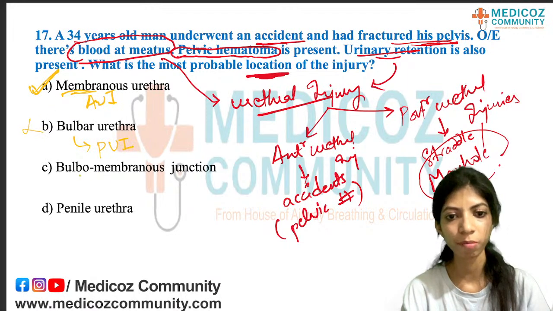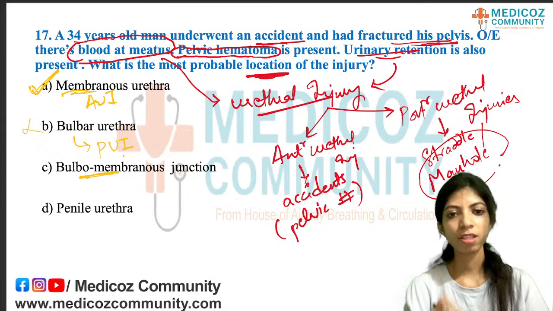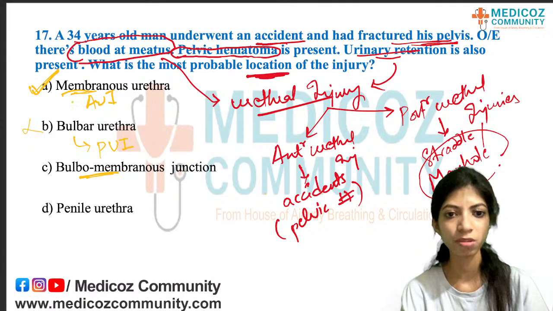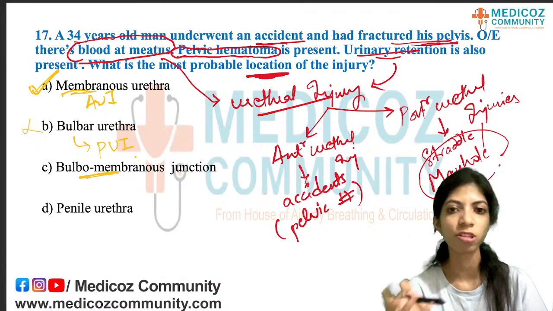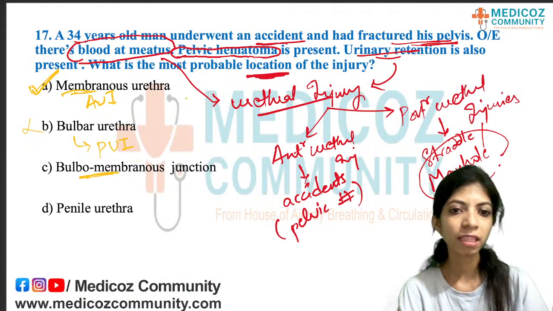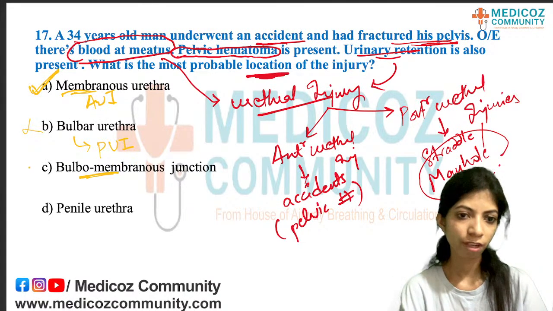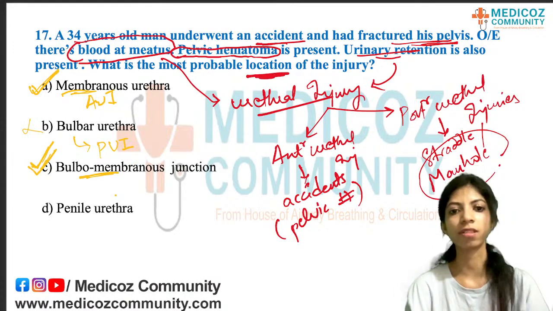Option C, bulbomembranous junction. See, this is why it's important to recheck your options, because membranous is also your answer and bulbomembranous is also the answer. But in the membranous part, the bulbomembranous junction is most commonly affected. So when given between these two options, you keep this as your answer.